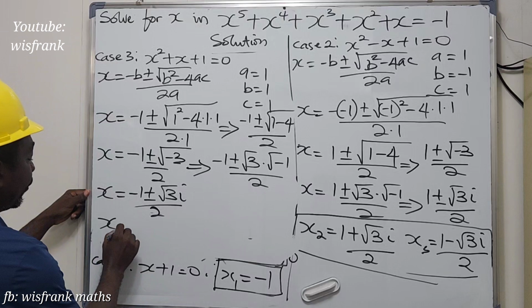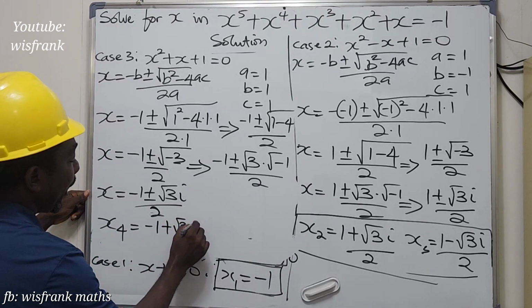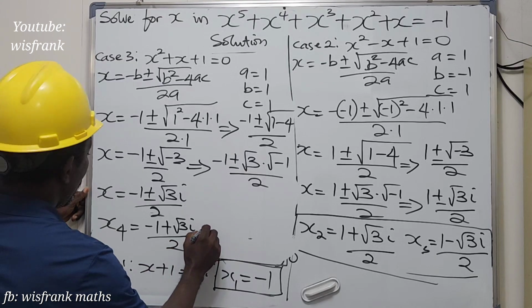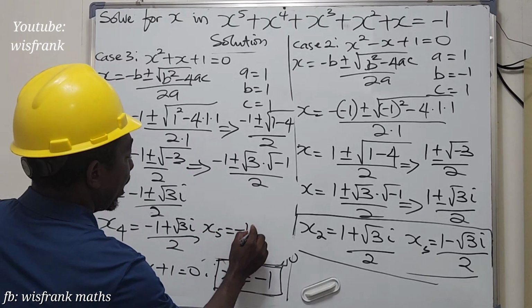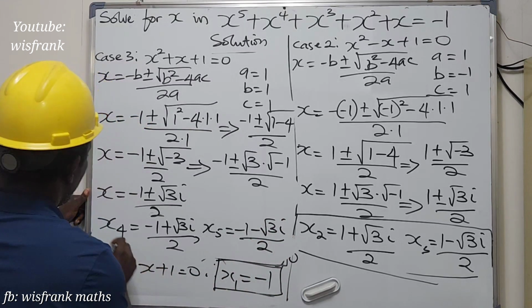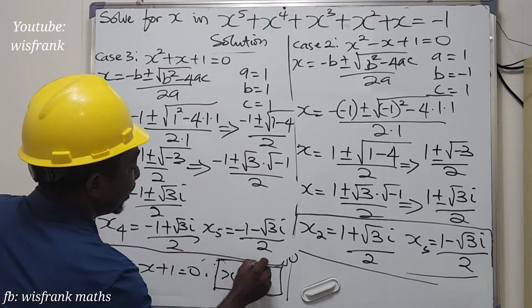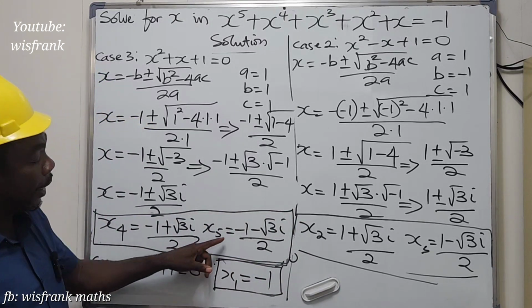So this is going to be x4 equals minus 1 plus root 3i all over 2, and we also have x5 equals minus 1 minus root 3i all over 2. So these are the next values of x that we have, which are x4 and x5.